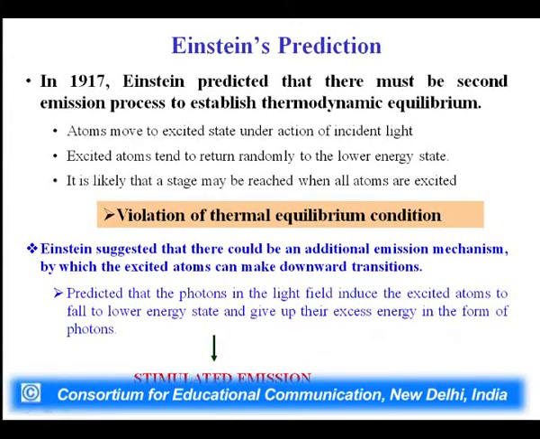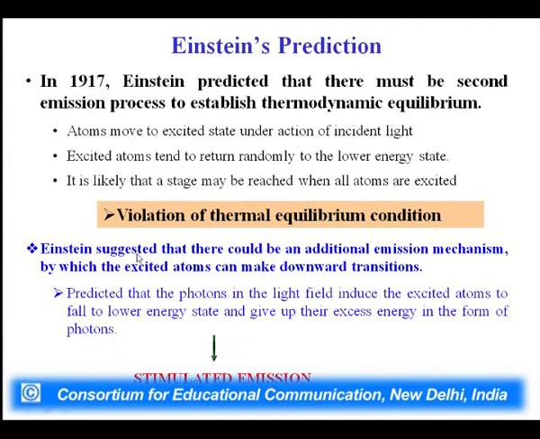What was it? It was stimulated emission. Atoms move to the excited state under the action of incident light. Excited atoms tend to return randomly to the lower energy state, which is defined as spontaneous emission. It is likely that a stage may be reached when all atoms are in the excited state. Violation of the thermal equilibrium condition is defined here.